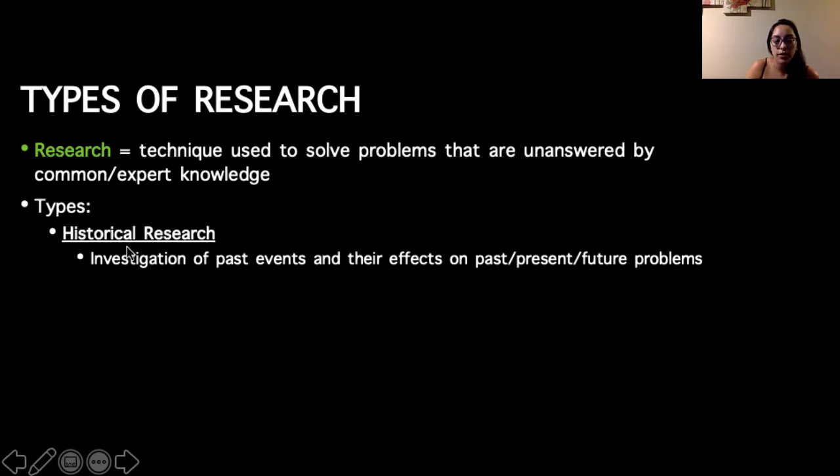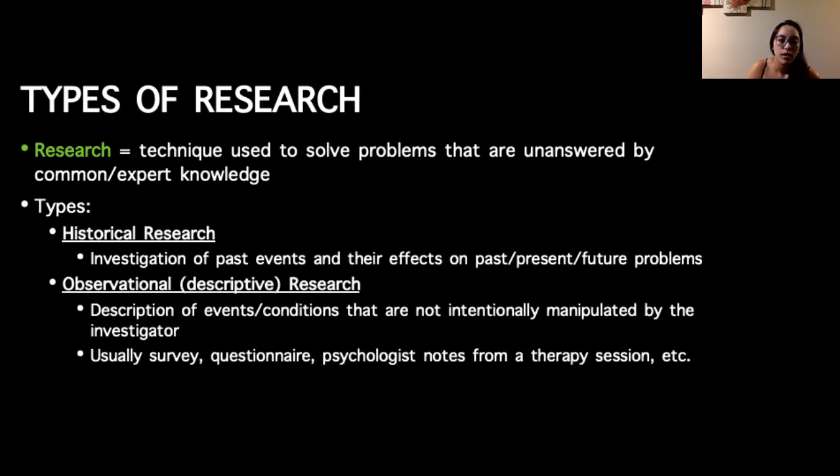There could be historical research, which is looking at past events or predictions maybe of future events based on past or present problems. We're not interested in historical research, not primarily at least. You could incorporate this into our type of experimental research in terms of disease progression or past diseases if you're researching diseases.